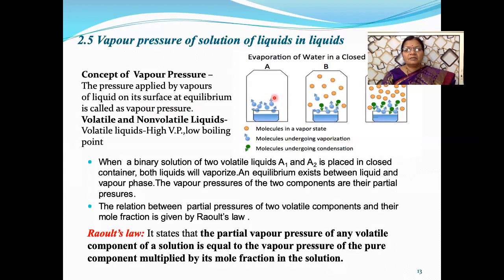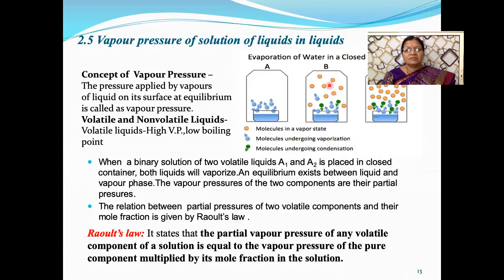Here, in the first closed container, water is taken. Now water evaporates. So these are the molecules which are undergoing vaporization. Initially the rate of vaporization is higher. The water molecules get converted into vapor molecules, which are shown by the brown color.